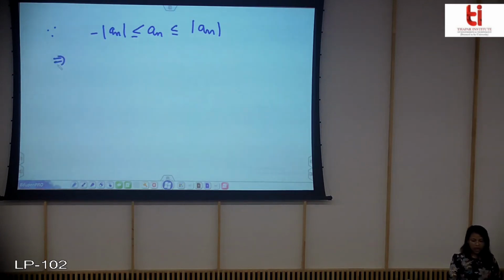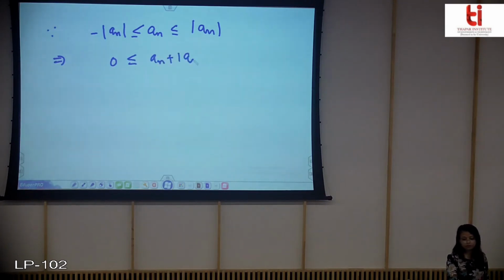And if I add mod of an to all sides of the inequality, what do I get? Now what does this say?